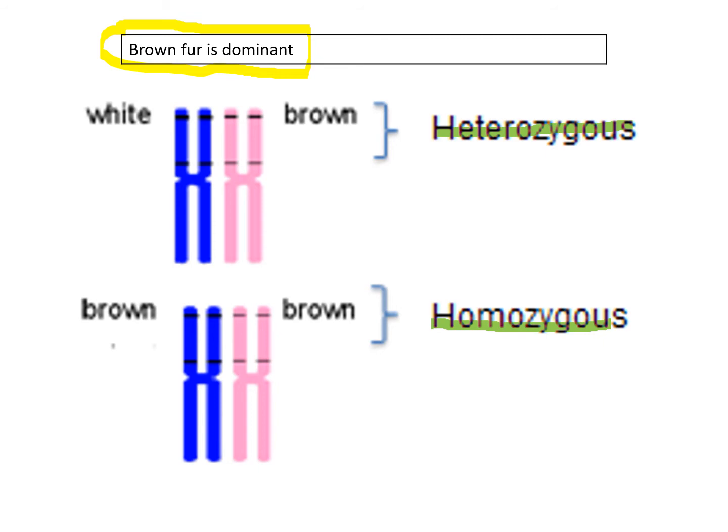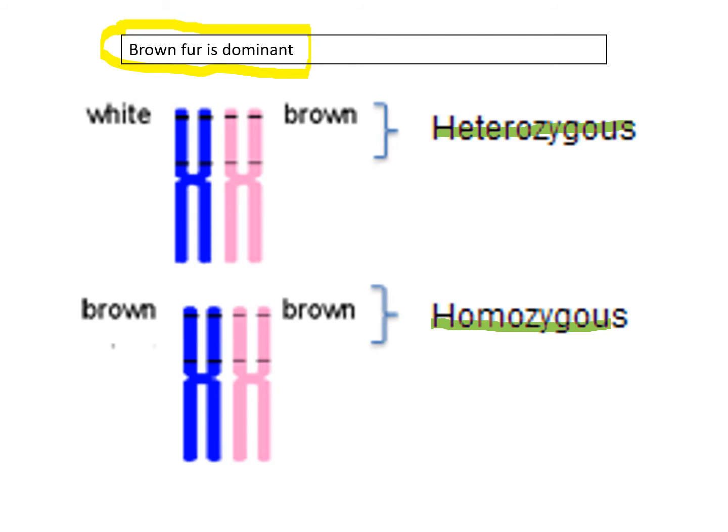When we want to represent the genetics behind fur color, we use letters of the alphabet. When we are talking about the alleles of a gene, we have to use the same letter. So fur color, whether it is white or whether it is brown, must be represented by the same letter.